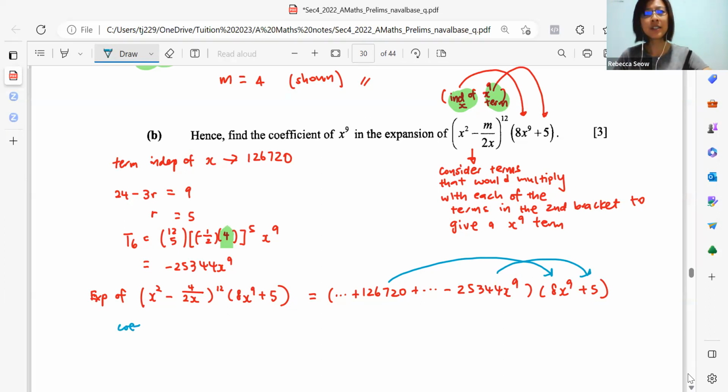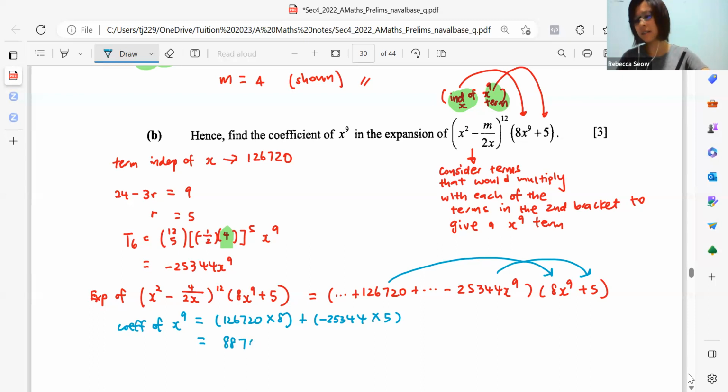So the coefficient of x to the power of 9 would be formed when we take 126,720 multiplied by 8, because an independent term multiplied by a term that has x to the power of 9 will give you an x to the power of 9 term, together with negative 25344 x to the power of 9 multiplied by 5. So this would give you another term that has x to the power of 9 in it. So this will give us 887,040. Yep, so this would be the final answer.